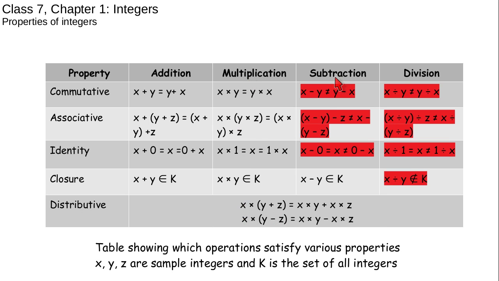The subtraction operator does not satisfy commutative property, associative property or identity property, but it satisfies the closure property. That means if you subtract one integer from another integer, the result will always be an integer. The division operator does not satisfy commutative, associative, identity or the closure property.